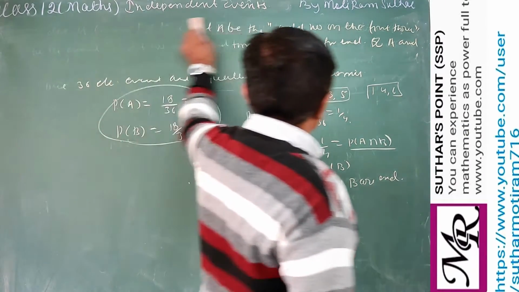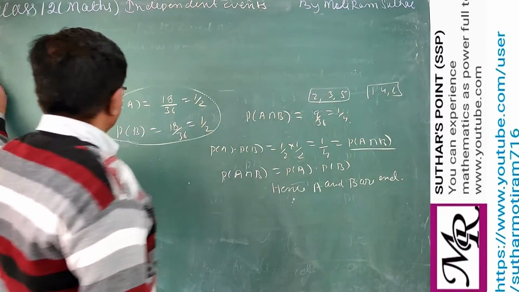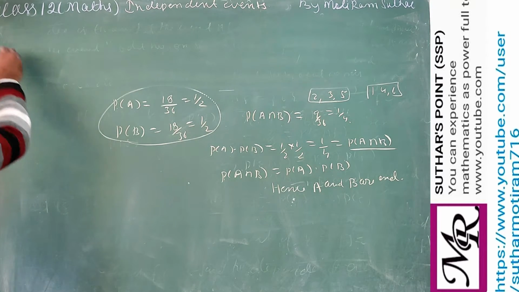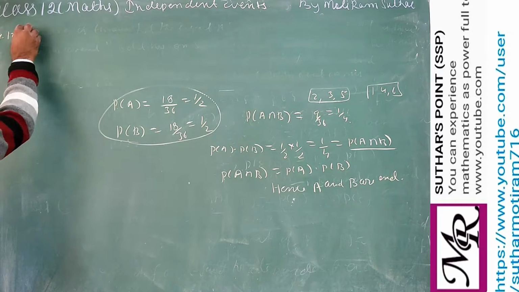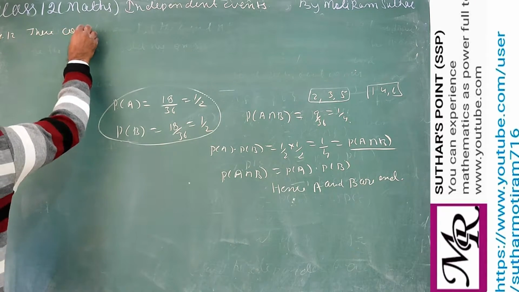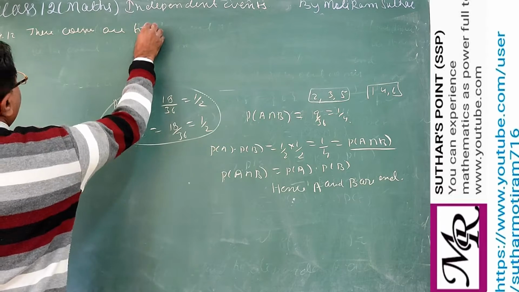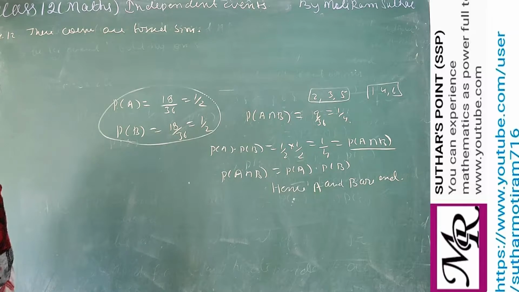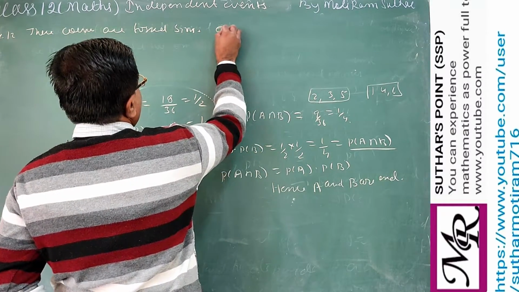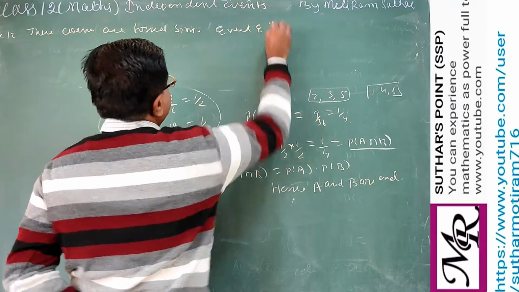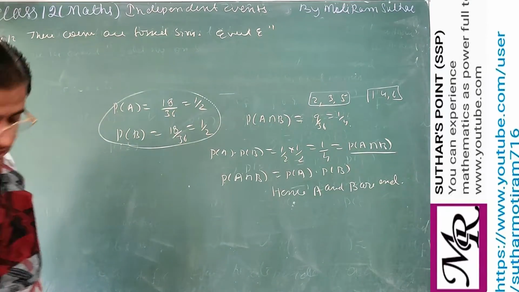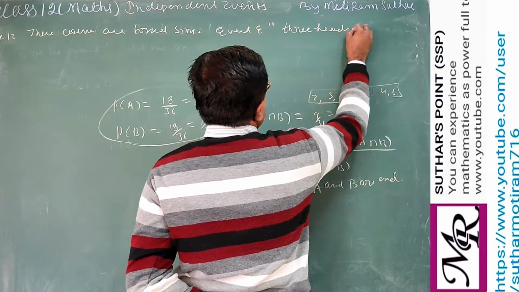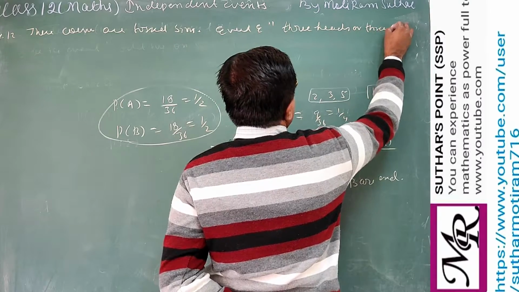Now the next problem: 3 coins are tossed simultaneously. Consider the event E. Event E says 3 heads or 3 tails.